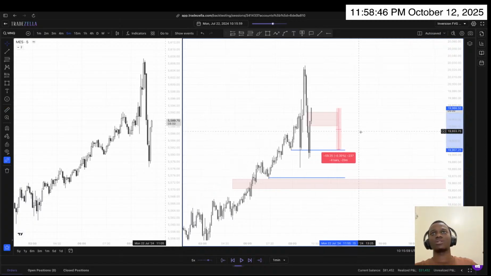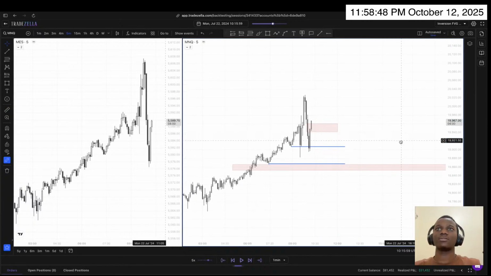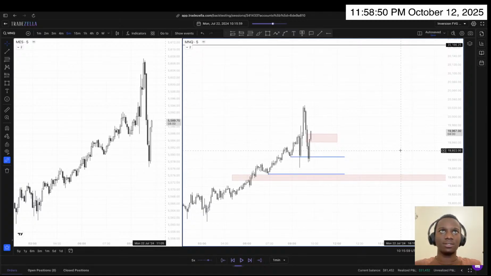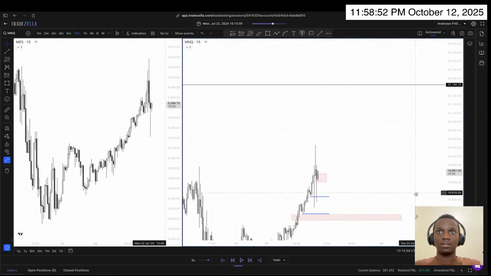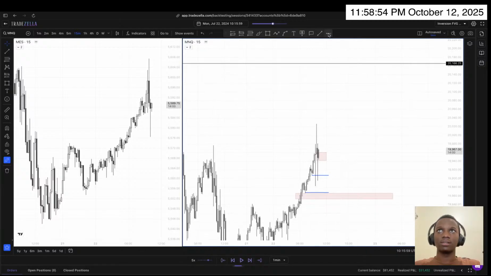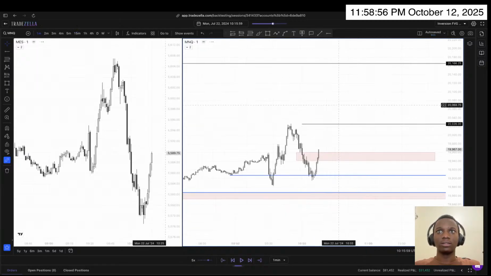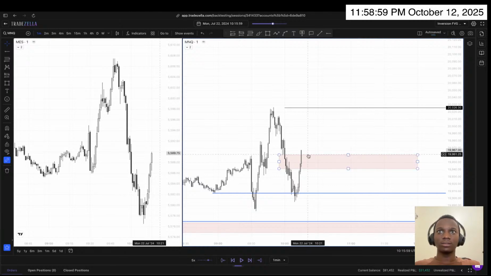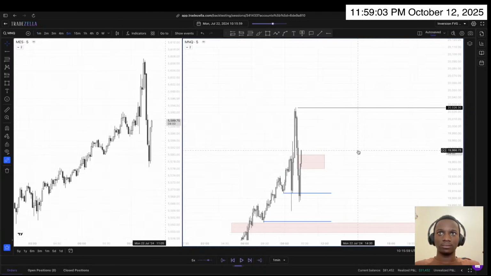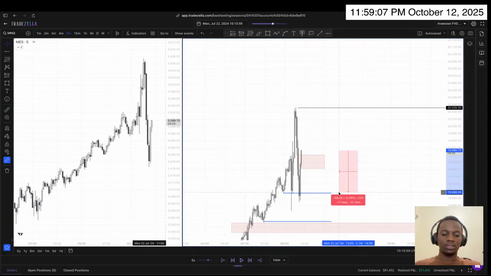But this will be like a swing for 60, 100 stop loss. So 60, that's 400, 120, like first 4 micros.